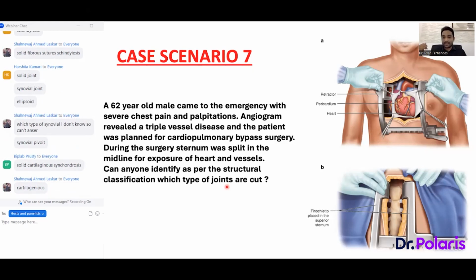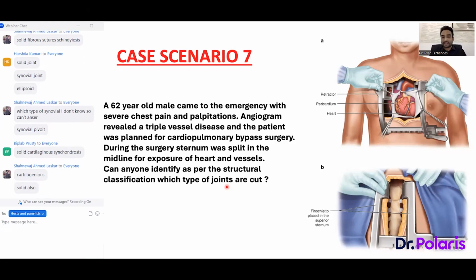So Shanawaz says cartilaginous. So in other words, it's a solid joint. It is cartilaginous. In cartilaginous, we know that there are synchondrosis and symphysis. It is also seen in the midline. So yes, Shanawaz, correct. It is solid. It is cartilaginous. Give me one more word and the answer is complete.